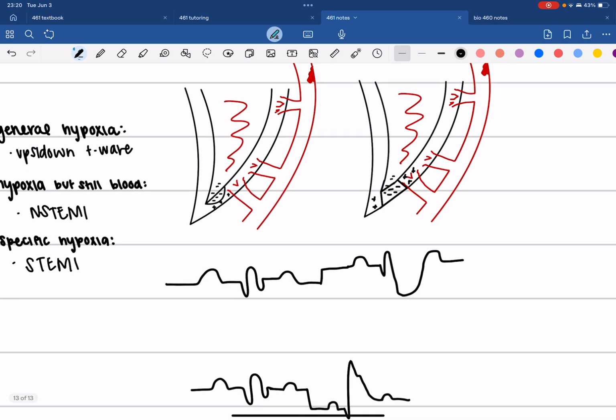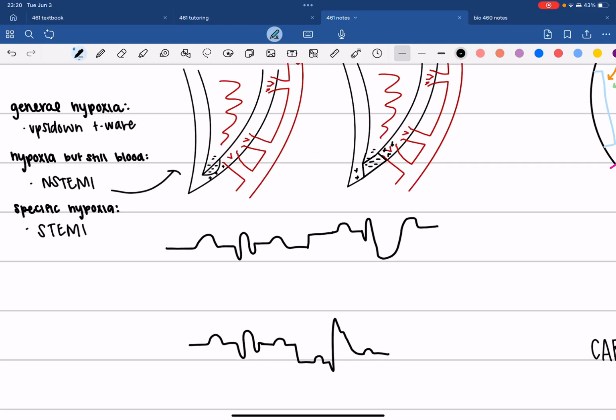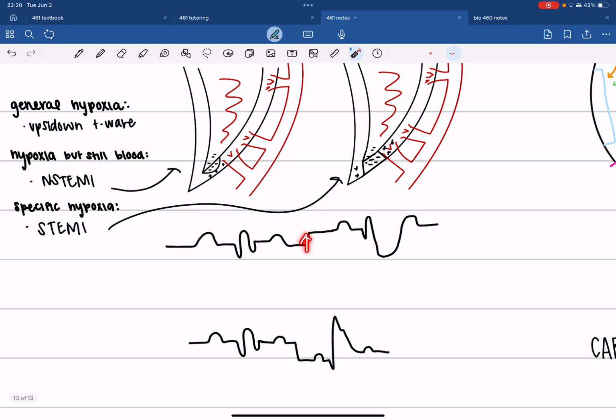Now, we need to be able to identify the different ones that can be found on an EKG. So, NSTEMI, STEMI. If we have an ST depression, like this one shows right here, where your ST segment is lower, what's happening is that we already have a current of injury that has changed the baseline from what it was.